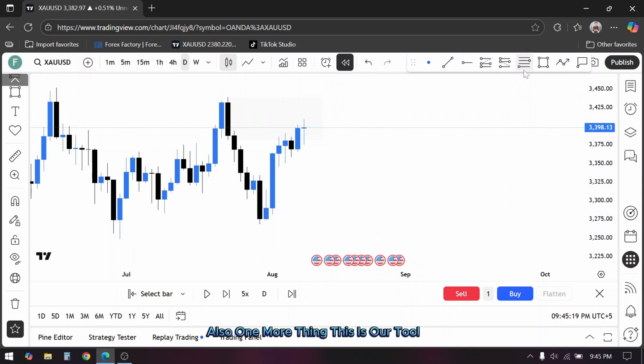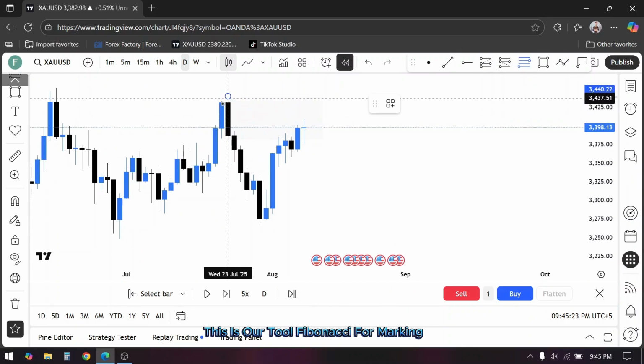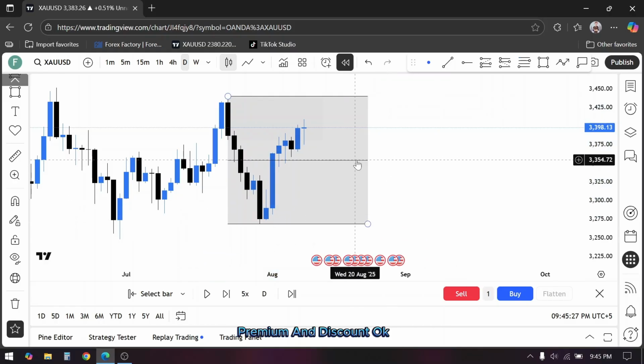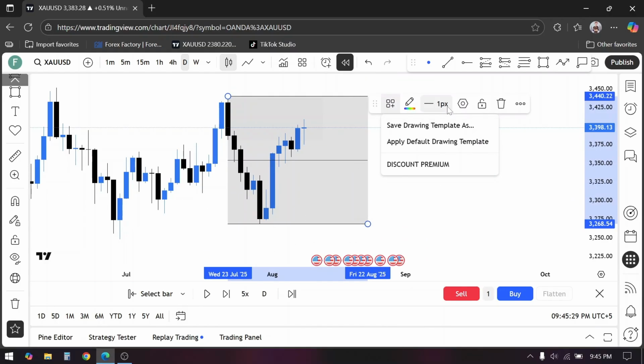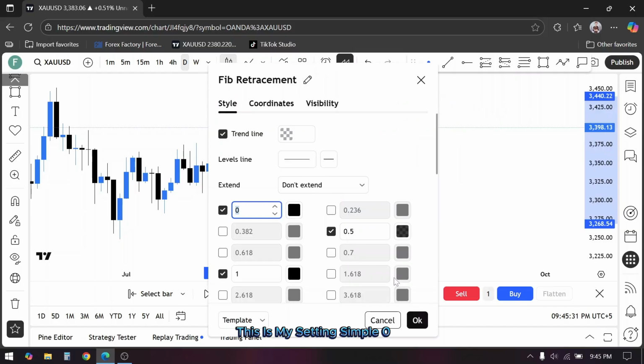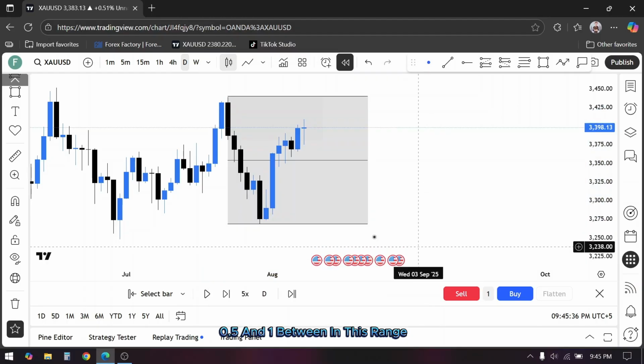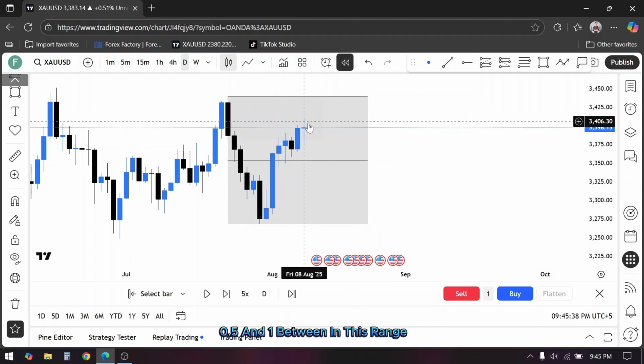Also one more thing, this is our tool, the Fibonacci tool for marking premium and discount. This is my setting, simply 0, 0.5 and 1 in this range.